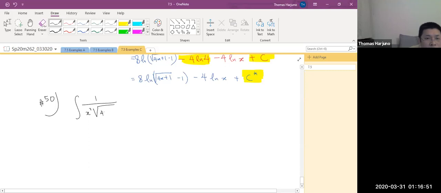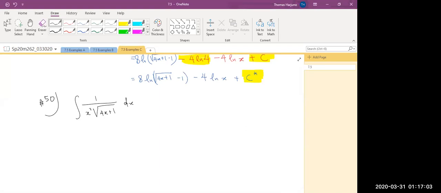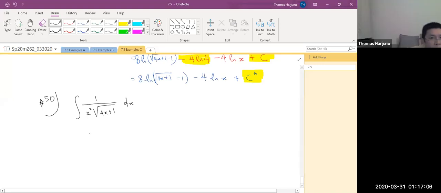So you say that we multiply the square root of 4x plus 1 out. I don't see that it's doable though. We definitely cannot bring this out of the integral, like suddenly it pops up outside.